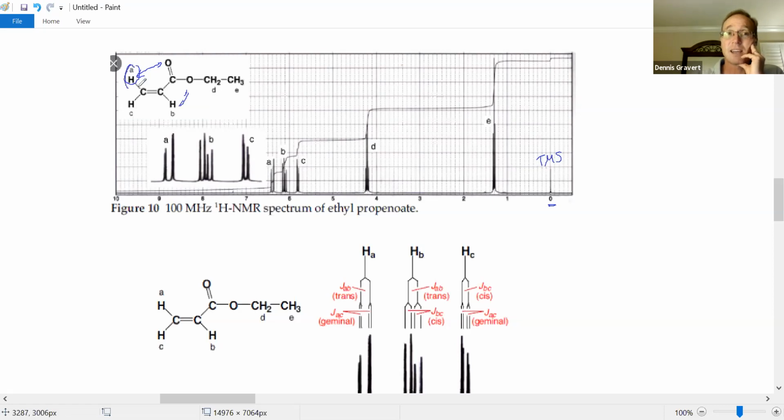Well, peak A does have a neighbor over here. That's cool. But what about B? Hey B, what's going on with you? Looks like you have a doublet of doublets, and it does. So B says, well, I have one neighbor that's cis to myself, and I have another neighbor that's trans. And these two, A and B, are not equivalent to each other. So they're actually starting to split each other.